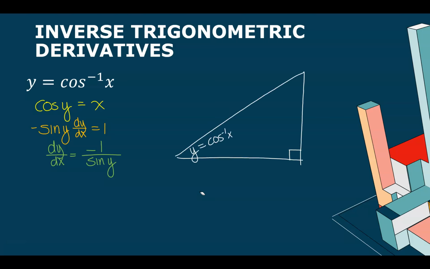And again, we need a triangle. So let's see. Y equals the inverse cosine of x, so the adjacent side will be x, and the hypotenuse will be 1. And then we need to take sine of this angle, so we need the opposite side length over here, which is going to be the square root of 1 squared minus x squared, or the square root of 1 minus x squared.